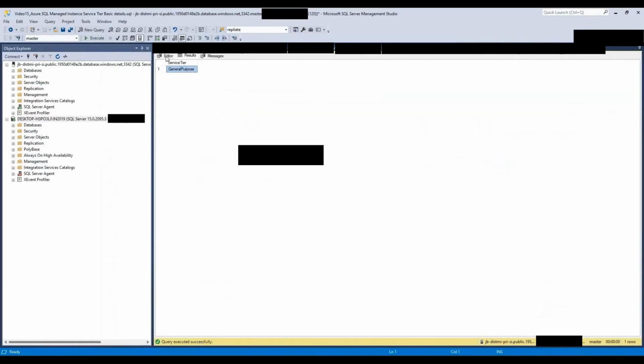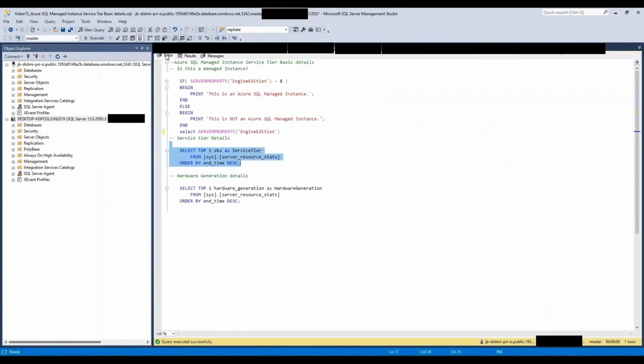A thing to note is that as far as Azure SQL Managed Instances are concerned, currently we have general purpose and business critical managed instance in the offerings. This T-SQL query provides us the details of whether we are connected to a general purpose or a business critical managed instance.